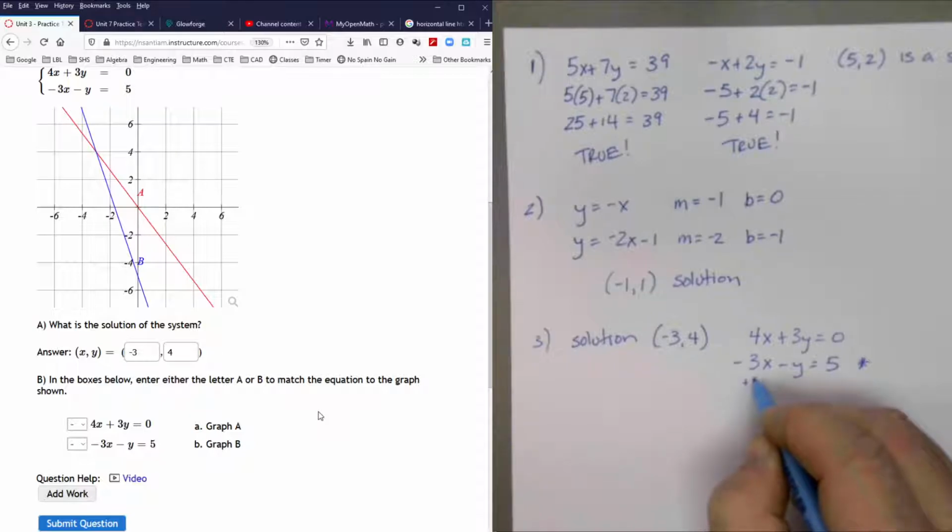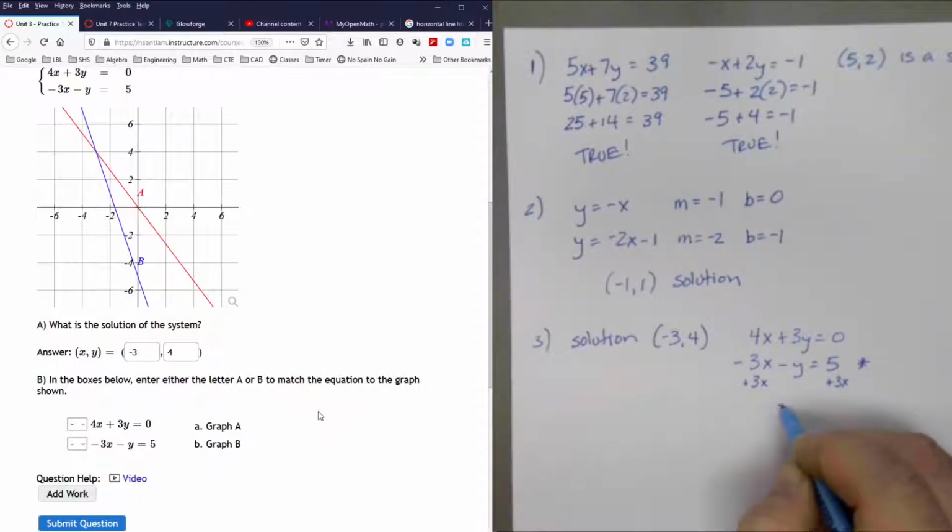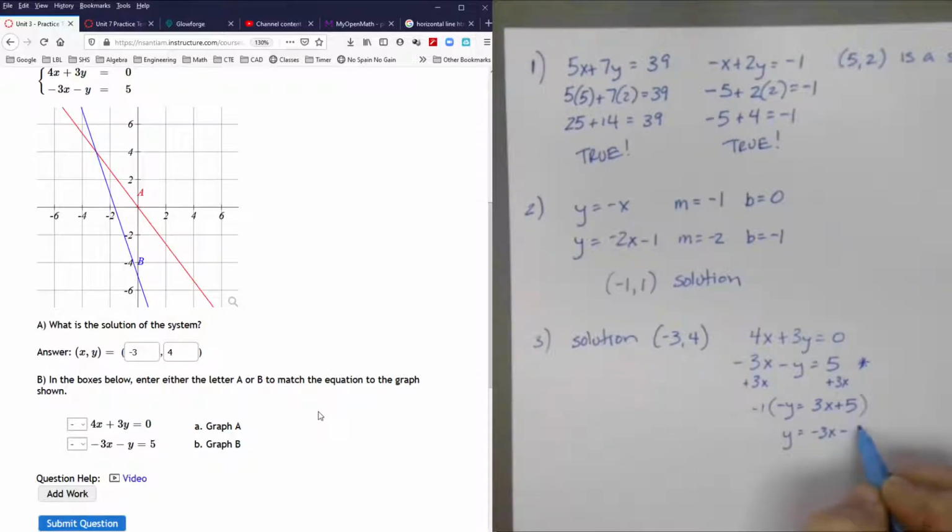So to get it into that, I'm going to subtract 3x from both sides. And so I've got negative y is equal to negative 3x plus 5. And then I'm going to multiply everything by negative 1. And that's going to give me positive y is equal to 3x minus 5.